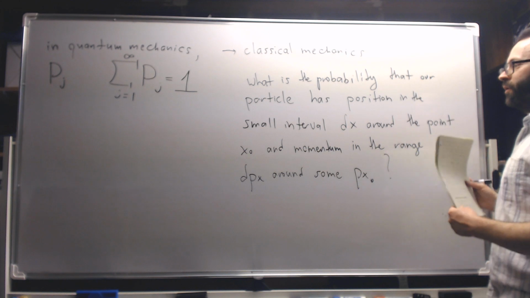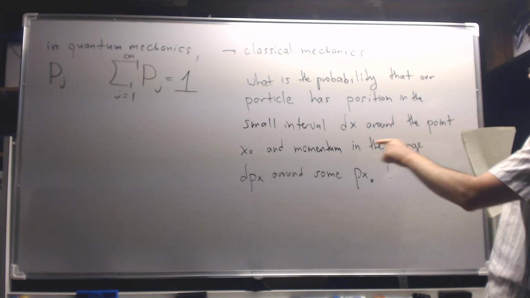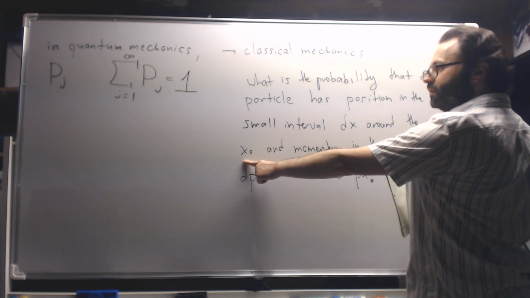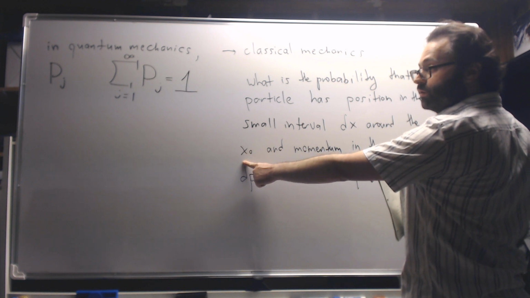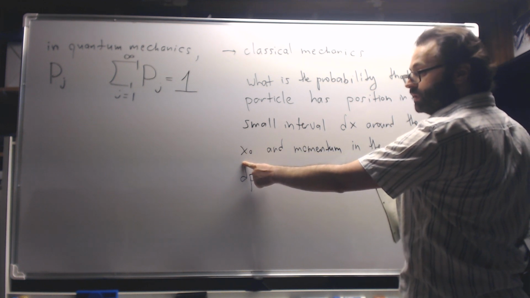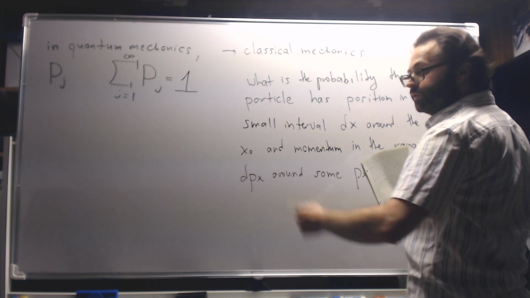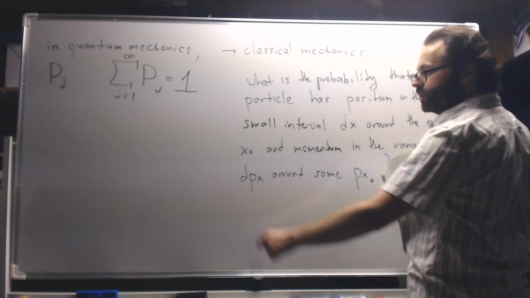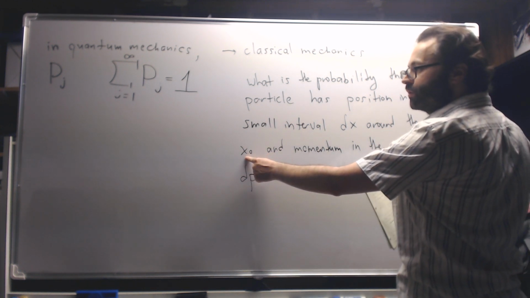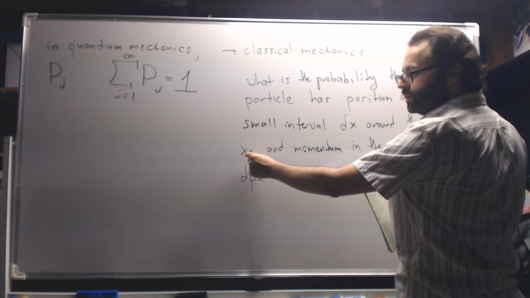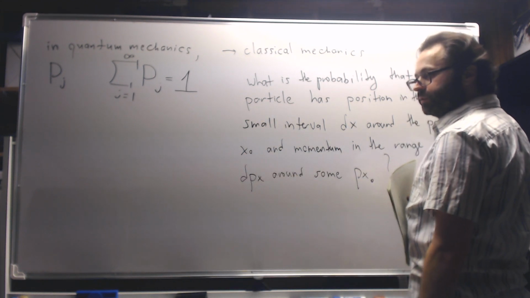We're not asking for the probability to be in a specific position x naught. The probability of that would be 0 for any given x naught because, as I mentioned before, the points are infinitely densely close to each other. Around any x naught, there's an infinite number of other x values that differ infinitesimally from it.